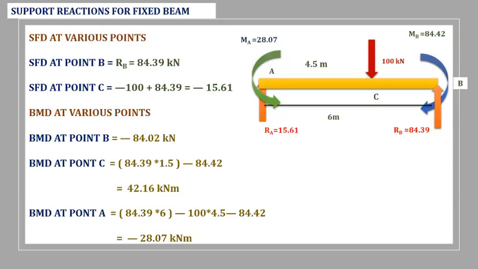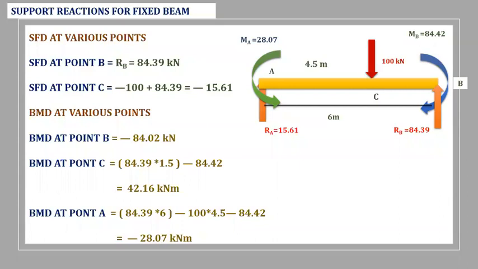So shear force at point B, that is RB equal to 84.39. Shear force at point C, that is minus 100 plus 84.39, minus 15.61. The same value is valid up to point A. Now bending moment at various points.